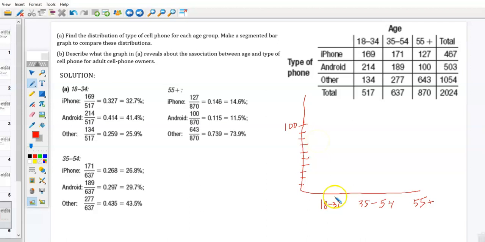You want to do a bar for 18 through 34 for iPhone. Let's do iPhone first. So that's this one, 32.7. So we go up 32.7, so we're on there. And then we're going to do this one.